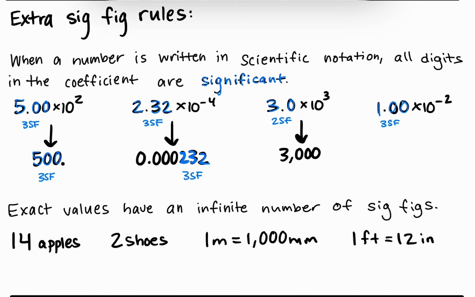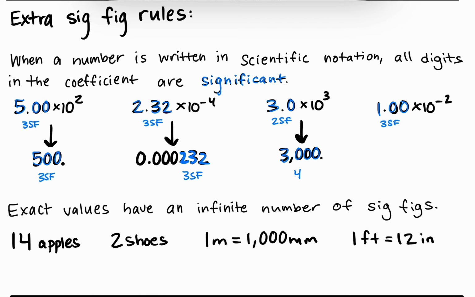Now, as this number is written, we would only have 1 sig fig. But we know that the value has 2 sig figs. In this case, if we were to add a decimal at the end of the value, that would make this number actually have 4 sig figs. And we don't actually have 4 sig figs, we only have 2.